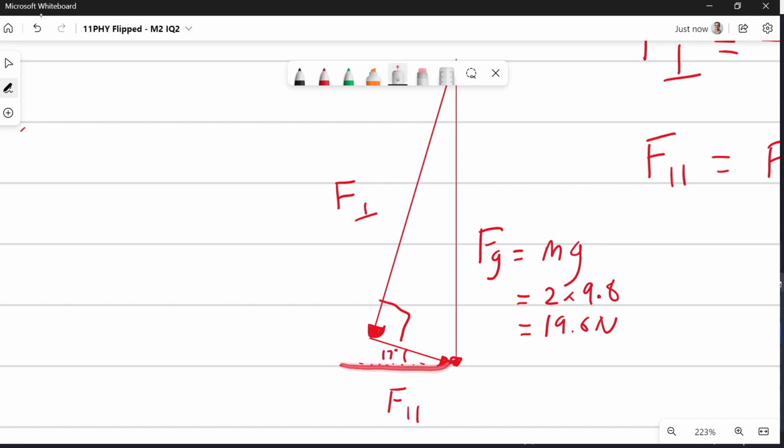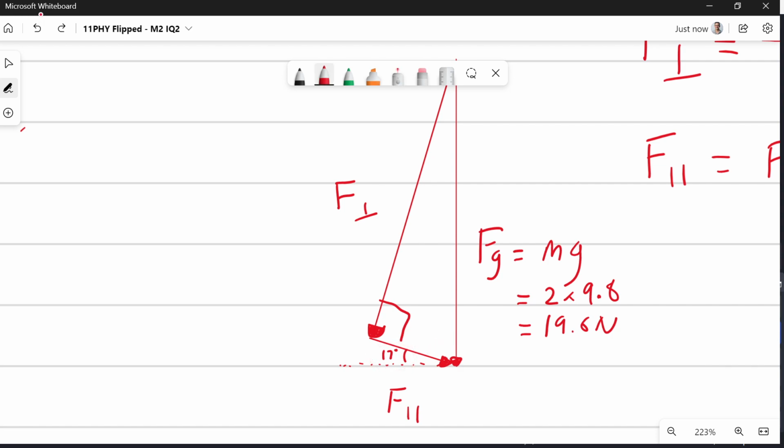Now, if this is 17 degrees, that's actually going to give us enough information to find this internal angle in the triangle. What we need to keep in mind is that this dotted line here, which we would assume is a flat surface like a table or the floor, is always going to be perpendicular to Fg, meaning that this angle here is right angled as well, meaning that 17 degrees plus this internal angle adds up to 90.